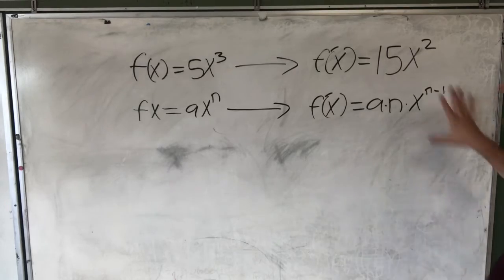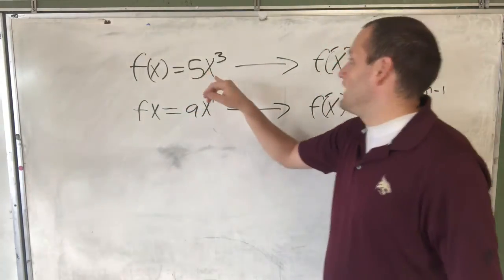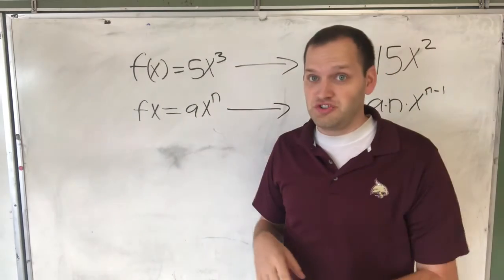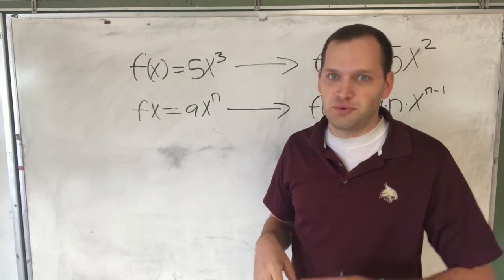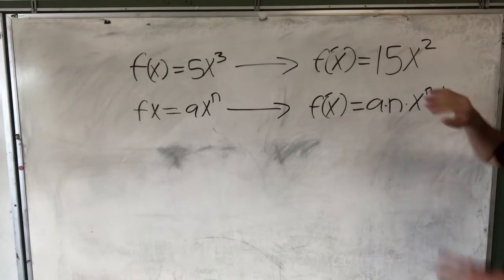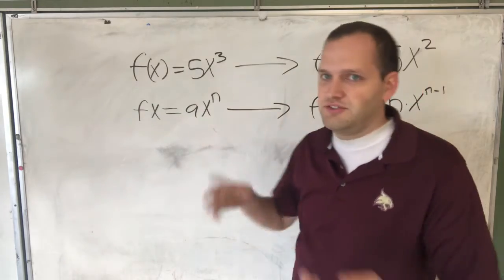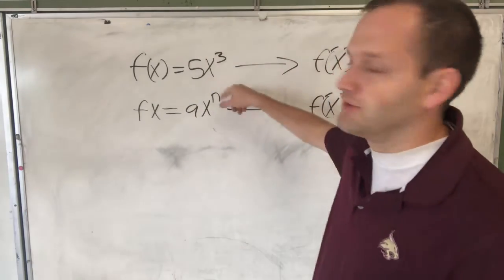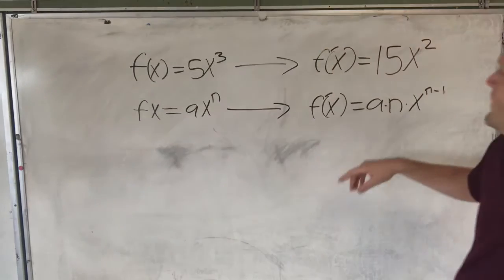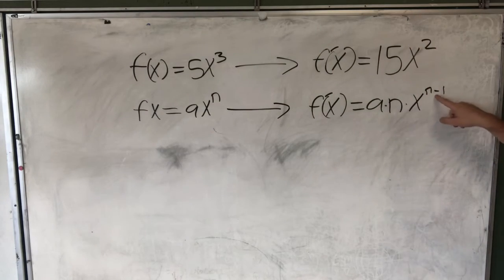Here is the pattern. If we had 5x cubed and we took the derivative, using the difference quotient, we would get 15x squared. This is what happened. You had a, which is the 5, a is just the constant, and n is your exponent. What you're doing is a times the old exponent, then the new exponent is 1 less than the old exponent.